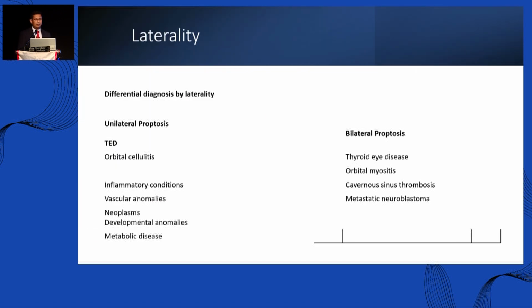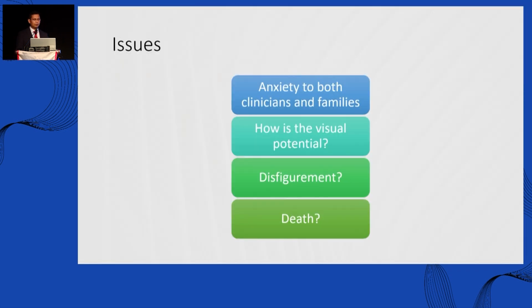And in a proptosis case, these are the basic unilateral or bilateral. Commonly it's thyroid eye disease that is the first differential diagnosis. There might be other causes like this. So the issues in proptosis: anxiety for both clinician as well as the families, the visual potential, and if you do surgery, permanent disfigurement.